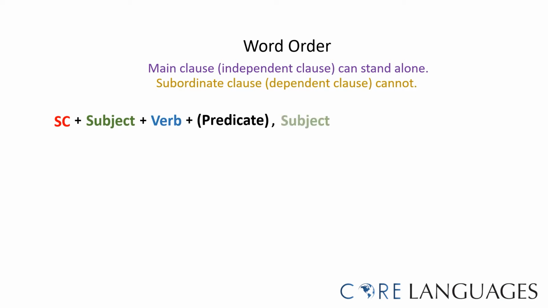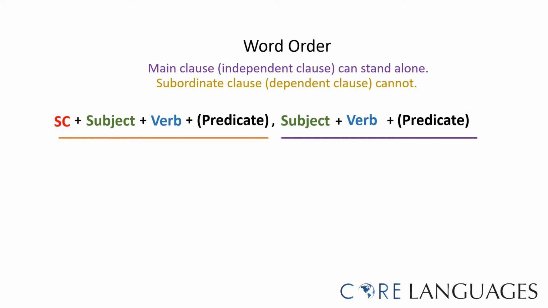The main clause will have a subject, the verb, and the predicate. In this example, we began the sentence with a subordinate clause, and we put the main clause second and separated the two with a comma.